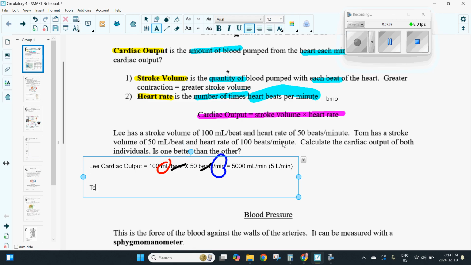Let's look at our next individual. We have Tom. Tom's cardiac output: he has a stroke volume of 50 milliliters per beat, and it says that he has a heart rate of 100 beats per minute.